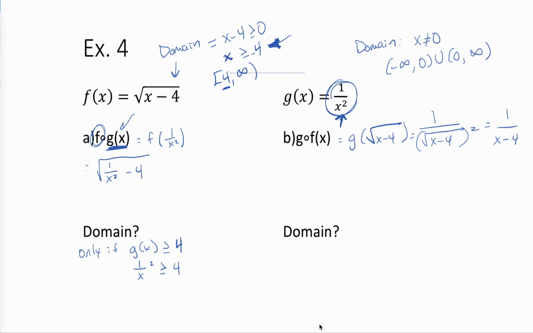If you solve this inequality, that's going to give you 4x squared is less than or equal to 1, which means that x squared is less than or equal to 1/4, which means that x is less than or equal to 1/2 and x is greater than or equal to negative 1/2.